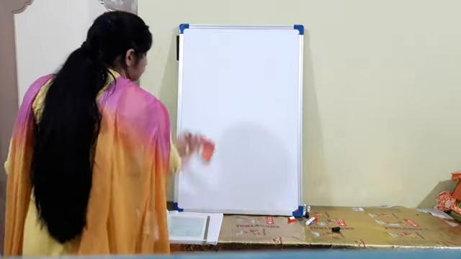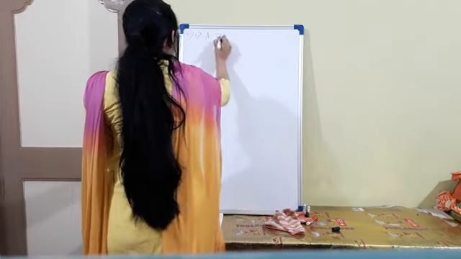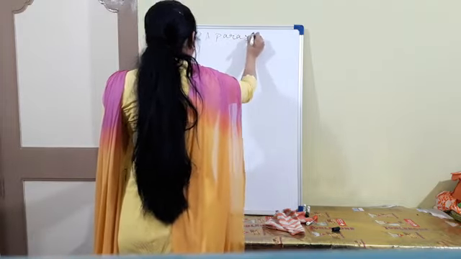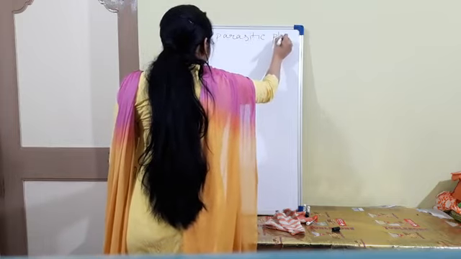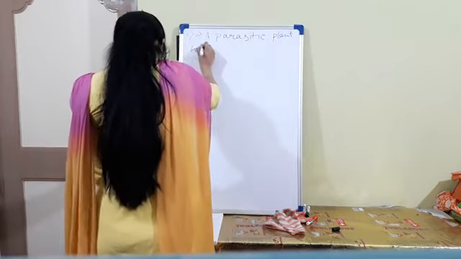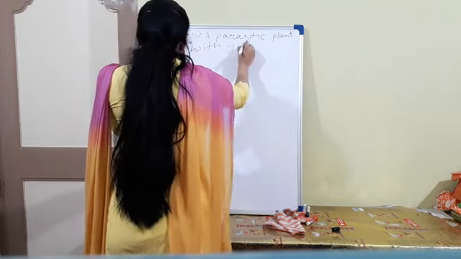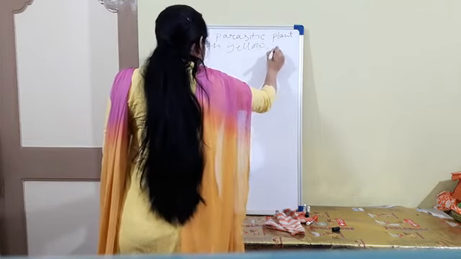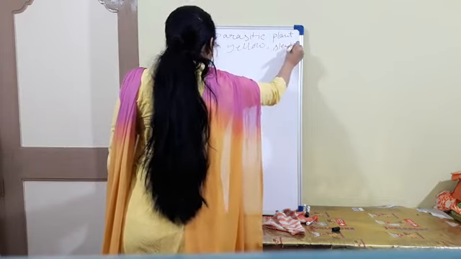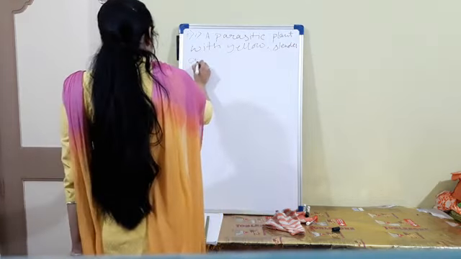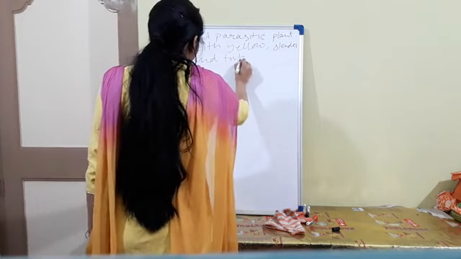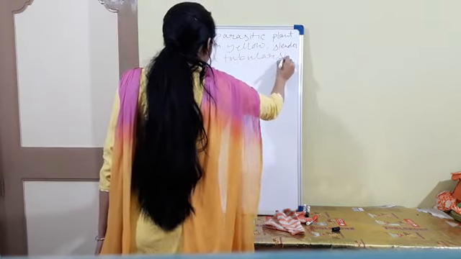Okay. Question number 7. Number 1. Naming. You give the name. They give some clue, some sentences. What will be the name of that object? A parasitic plant with yellow, slender and tubular stem.